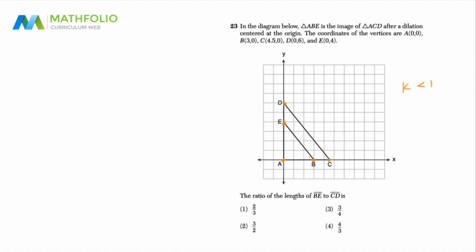Because it's a dilation, which we were told from the very start, the angles are all the same, but the sides are proportional. So whatever the scale factor was, whatever it shrunk it by, it did the same to all of them. So the ratio of BE to CD is going to be the same as the ratio of AE to AD, because all sides have the same ratio.